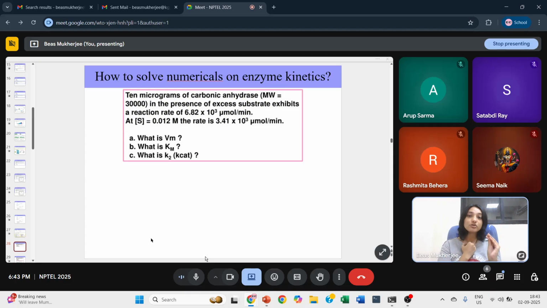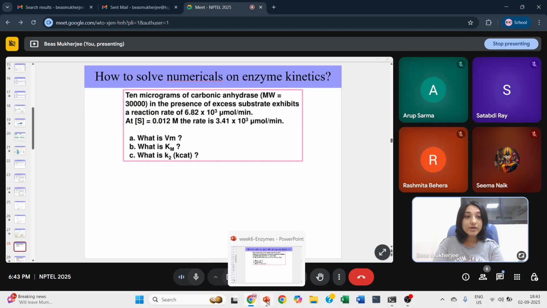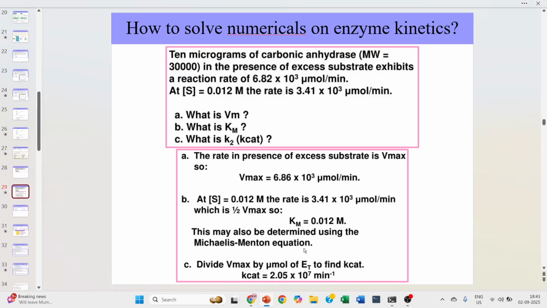So now they're asking you what is Vmax, what is Km, and what is Km, by the way? Michaelis-Menten constant. And what is k2? So k2 or kcat, these are synonymous, okay? Right, so we will look at how to solve this question.